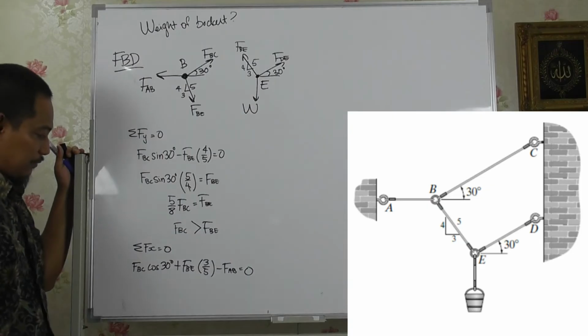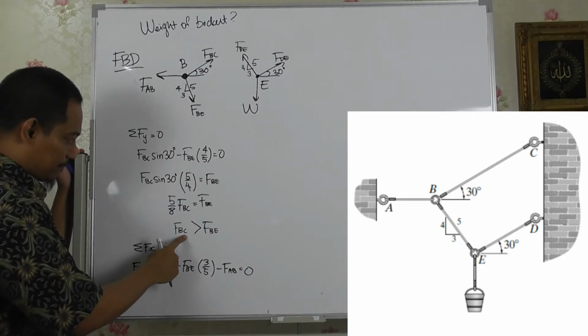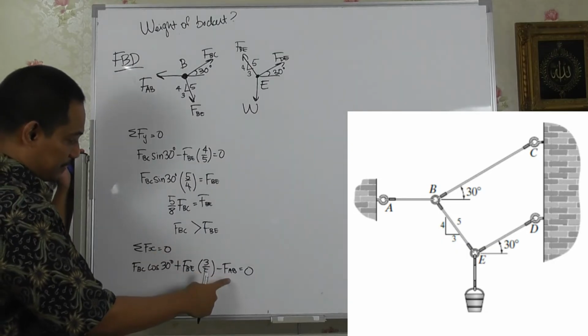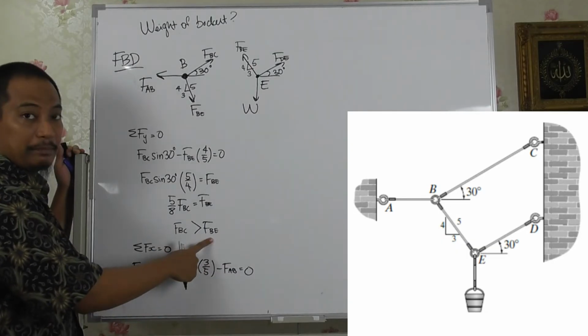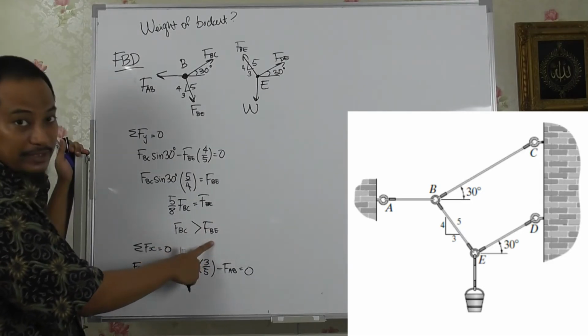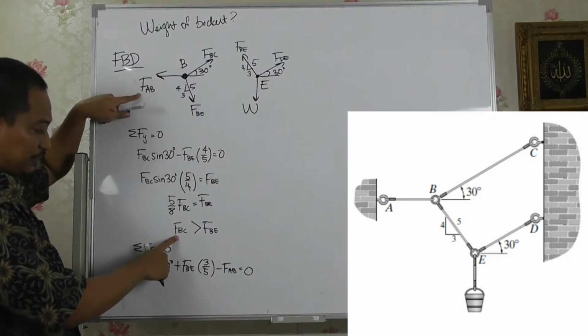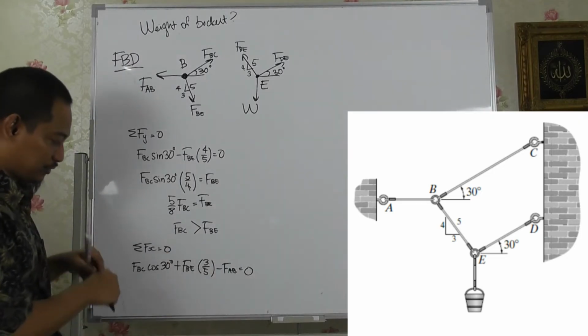Now what I want to compare is FBC and FAB, because FBE is already smaller, so this is no longer a candidate for the maximum force. This is a candidate. This might be FAB as well. We do not know, so let's compare.